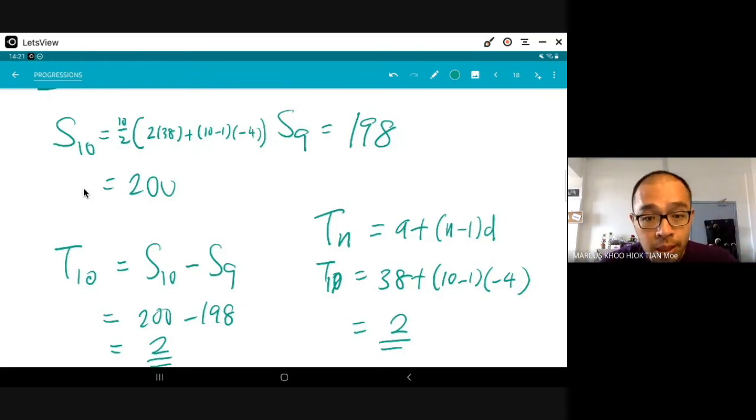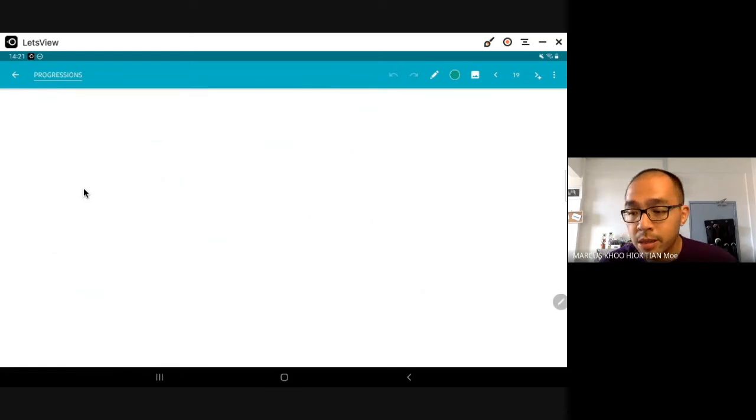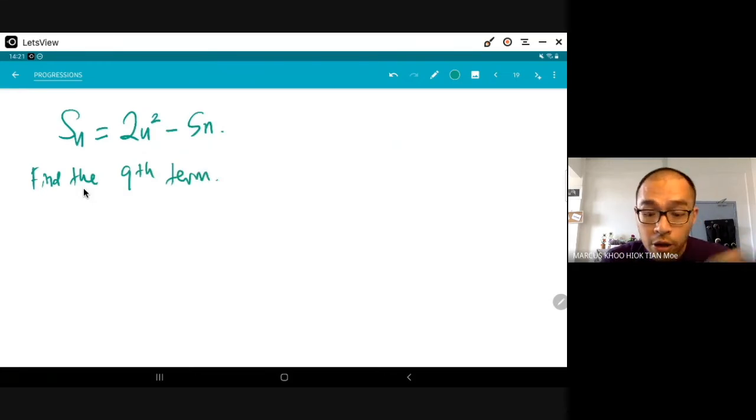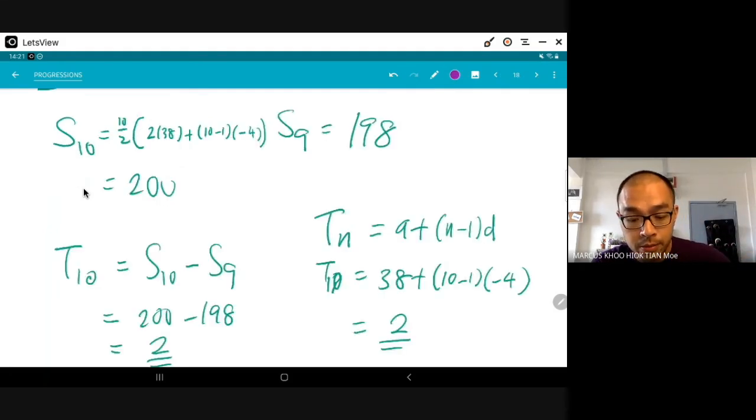Because sometimes the question is like this. Let's say Sn equals 2n squared minus 5n. Then my question is find the 9th term. Now, this is a very common question. Dia bagi kamu formula Sn yang lain daripada yang kita biasa, which is very different.